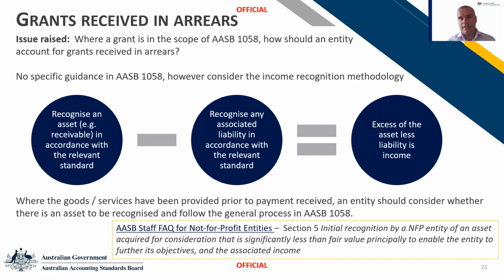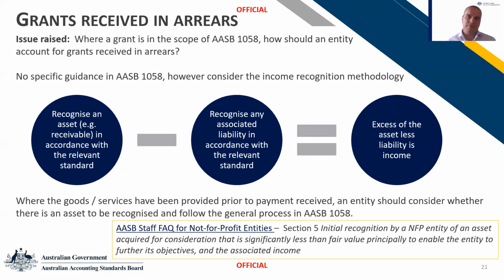And in that, the entity can, for example, consider whether it has a financial asset under AASB 9. And in making that consideration, it's essentially assessing whether the entity has a contractual right to receive cash, and whether that right has clear economic consequences that is enforceable by law, and the other party has little, if any, discretion to avoid the transfer of the asset.